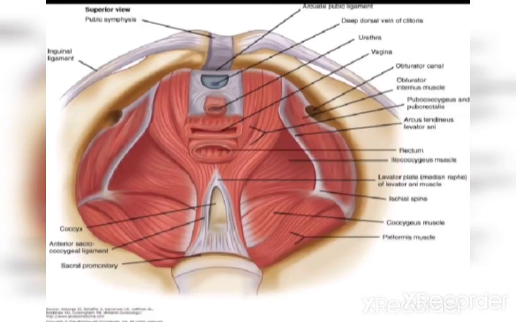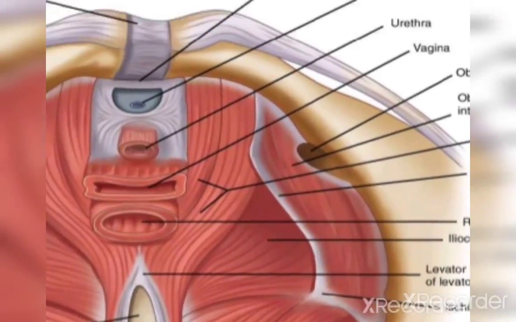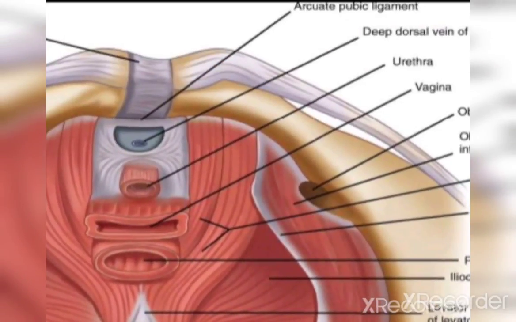So here also you can see the muscles in detail. What are the various pelvic floor muscles? From the top, this is the pubic symphysis, the anterior, and this is the posterior. This is the pubic symphysis and this is your coccyx, and in between there are three openings.